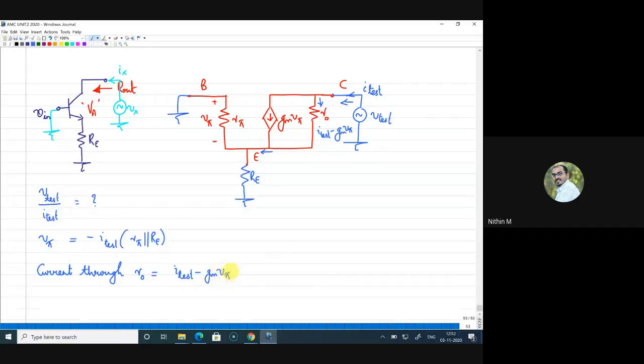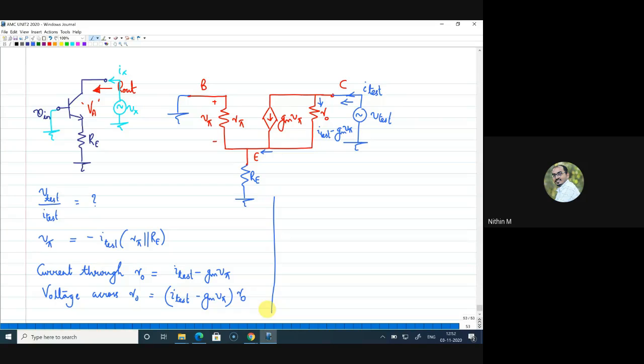So R naught is carrying a current of Itest minus gm V pi, right? If that is the case, voltage across R naught can be written as this current, Itest minus gm V pi, into R naught. Right. Now, the ultimate aim is to find what is V test by I test.